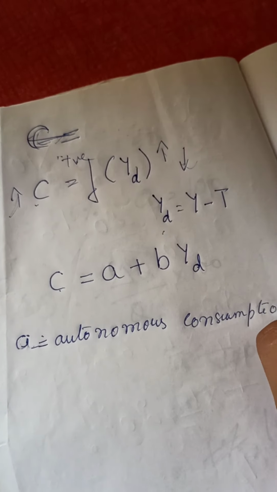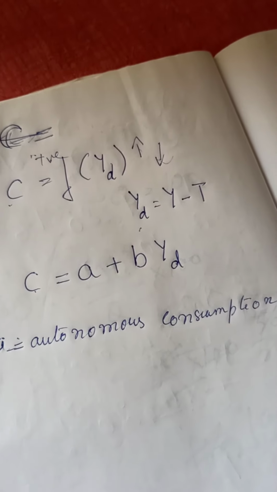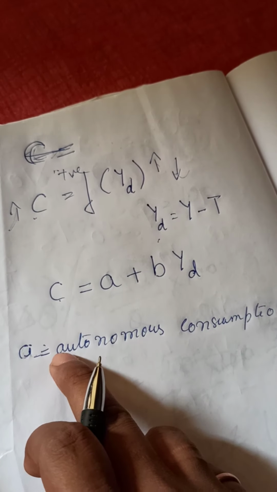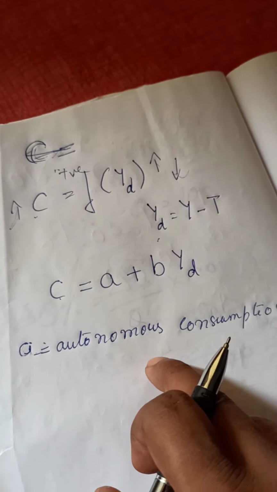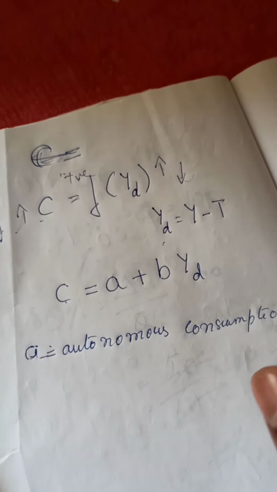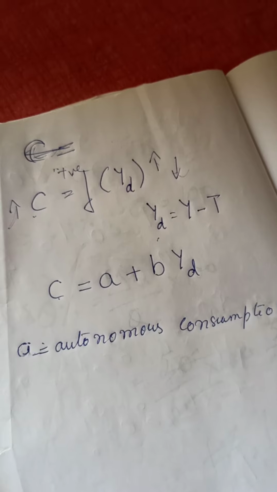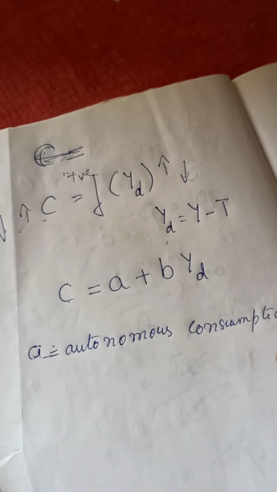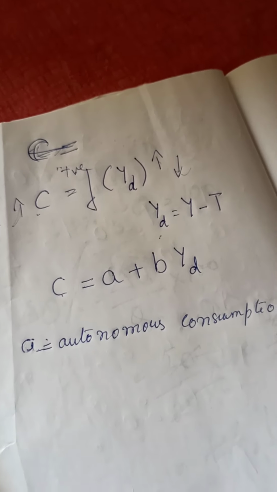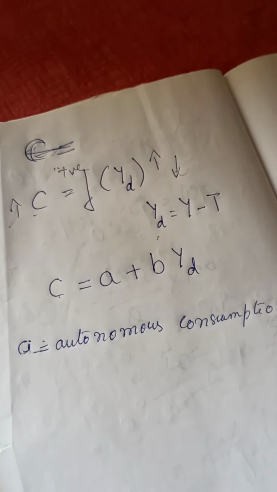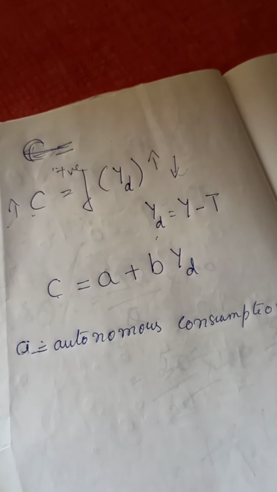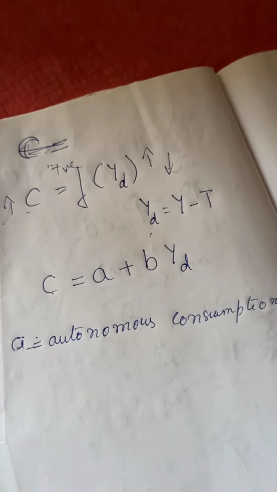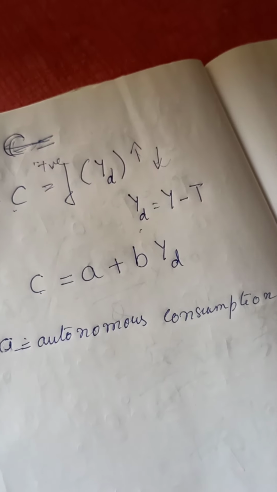Now why do we call it autonomous consumption? This consumption is free of your level of income. That means this A level of consumption you have to consume even if your income is zero. For surviving, we need to consume a minimum amount of stuff. Even if our income is zero, we will consume that from our past savings, or by borrowing, or by begging.